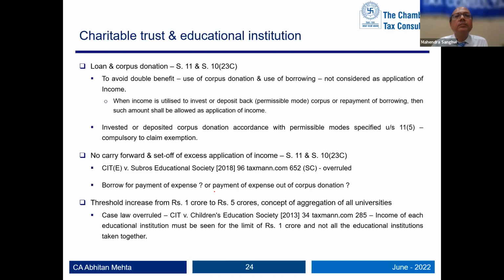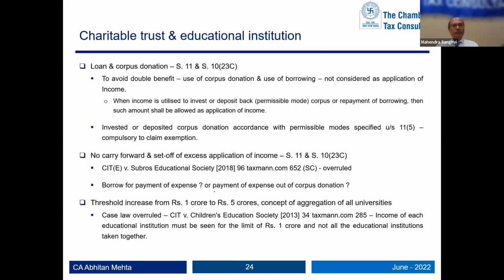So making a building is not application of income, but then the corpus is used. Now you have income from, say, a hospital which you have built. And if you replenish your corpus with that, basically invest it in permitted investments or deposit under 11(5), it would be considered as application of income at that point in time.